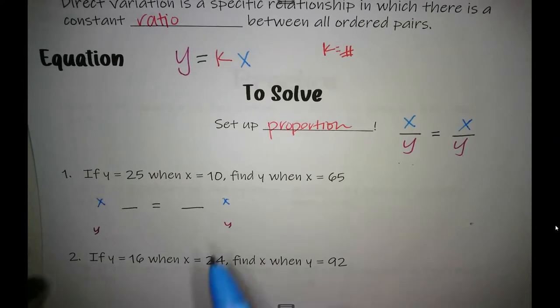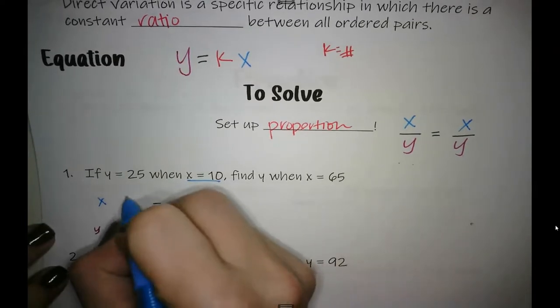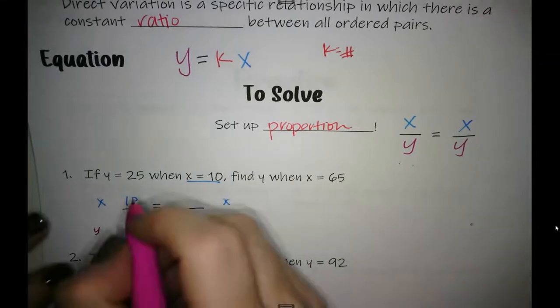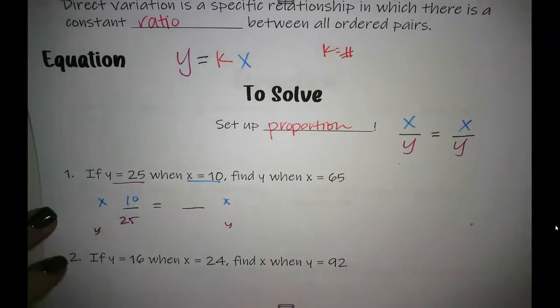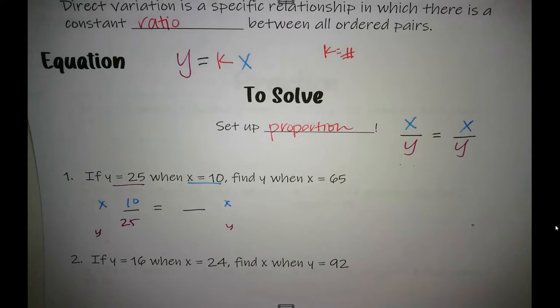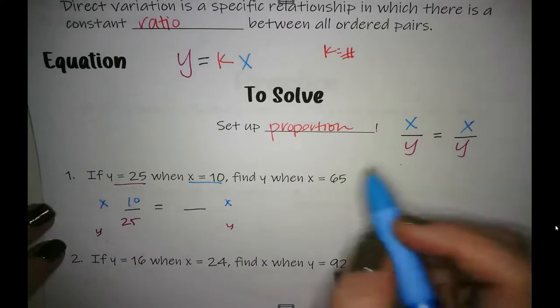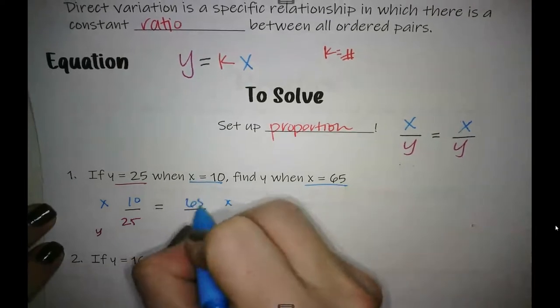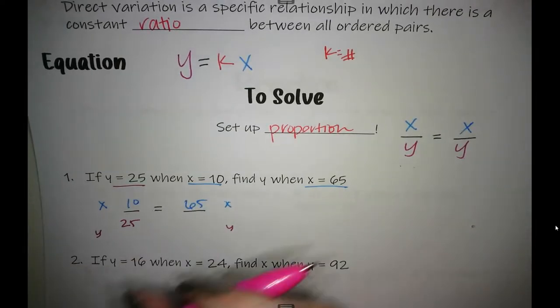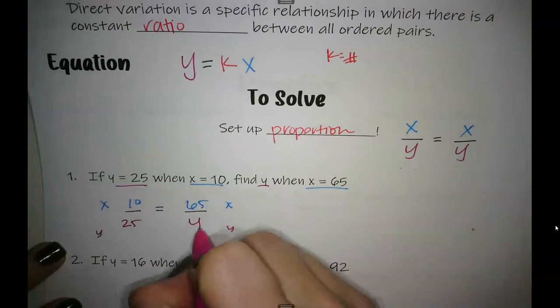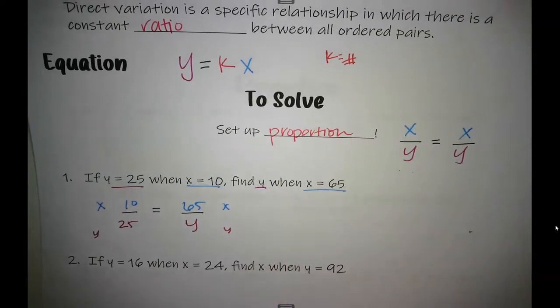So we've got x is 10 when y is 25. So we always put what's given to us in the first proportion, and then that's going to equal, we got x is 65, and we want to find out what y is. So then y goes here. And then we just solve.